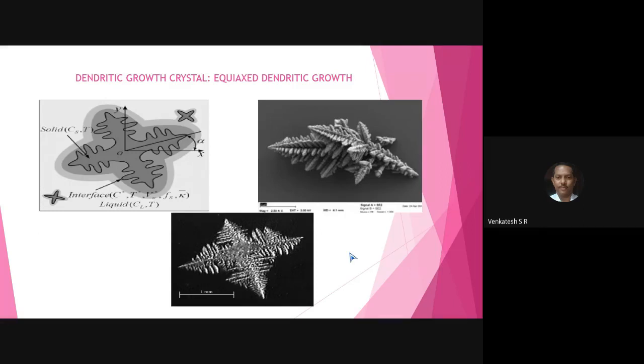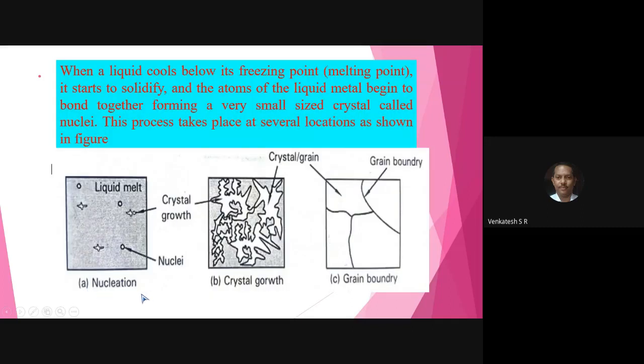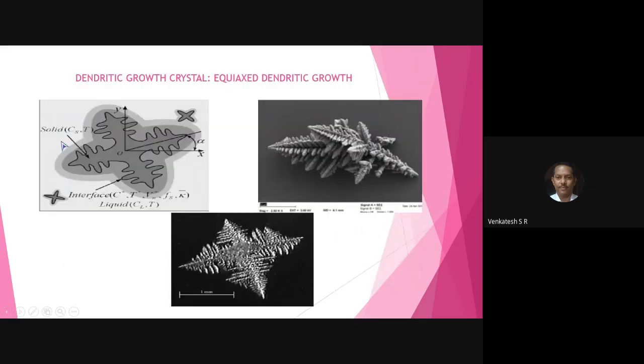The solidification process starts with three words: first, nucleation, second, crystal growth, and third, grain boundary. Once you hear the word dendrite or dendritic growth, you must have the antenna structure in your mind.